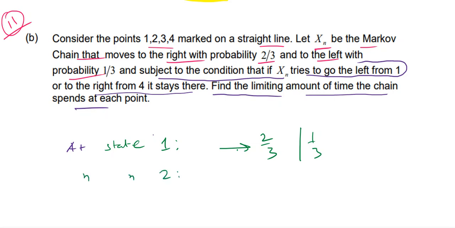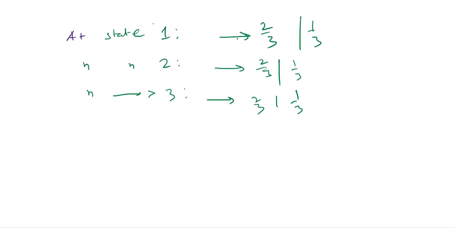At state 2, it can move to state 3 on the right with probability 2/3, or to state 1 on the left with probability 1/3. At state 3, it moves to 4 with probability 2/3 and to the left with probability 1/3. And at state 4, it can only move to state 3 on the left with probability 1/3, and stay at state 4 with probability 2/3, since it cannot move right.